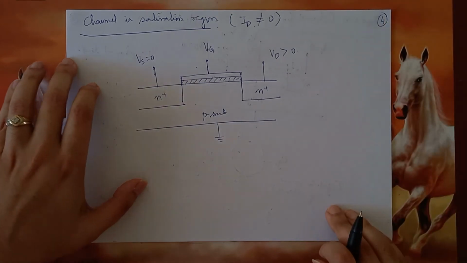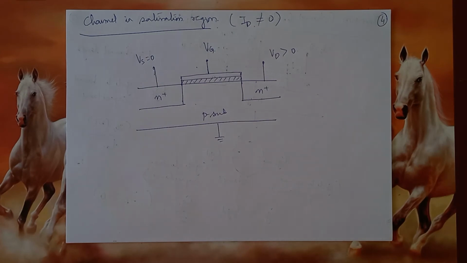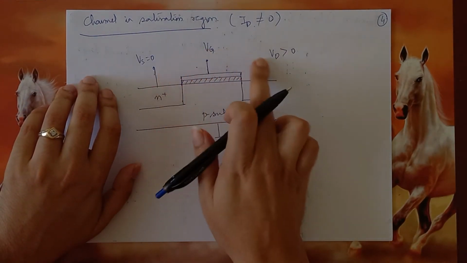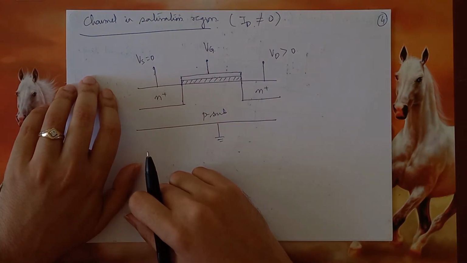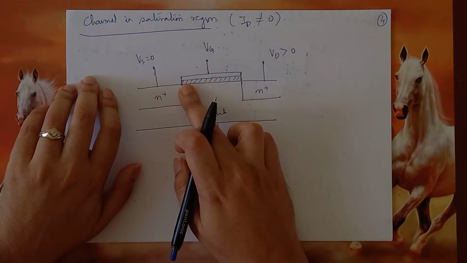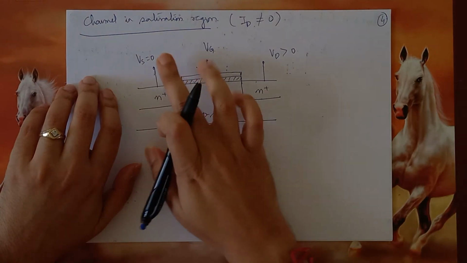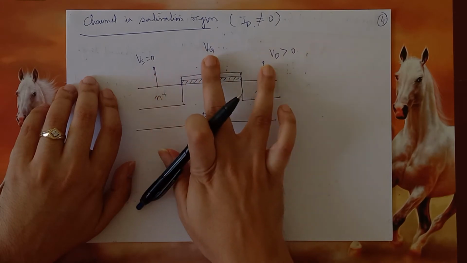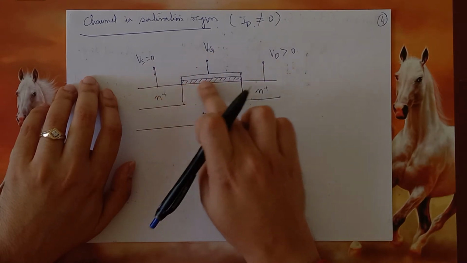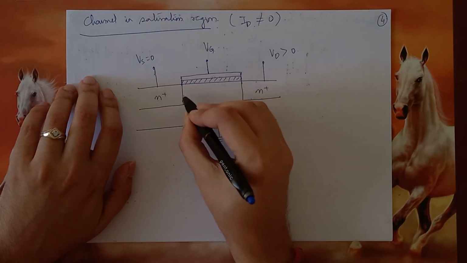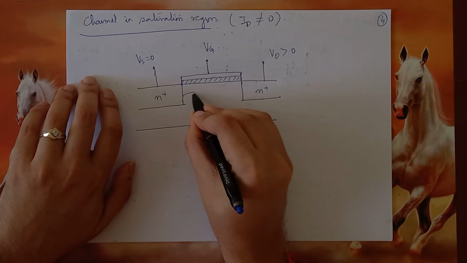But more importantly, because of this variation in the two potentials, on one side, more charges will accumulate. When I say charges, I mean more electrons. There's a strong positive field over here and a weaker positive field over here. So more charges will accumulate on the left hand side as compared to the right hand side. So therefore the channel will now look slightly tapered.